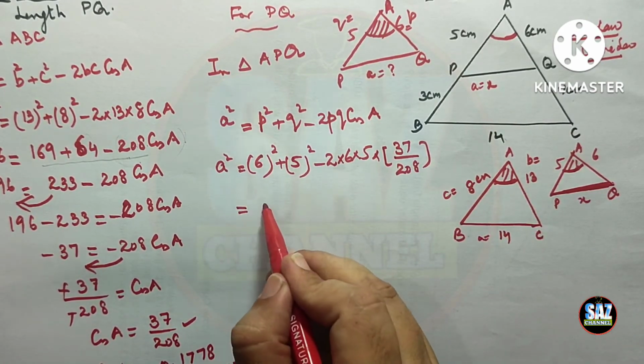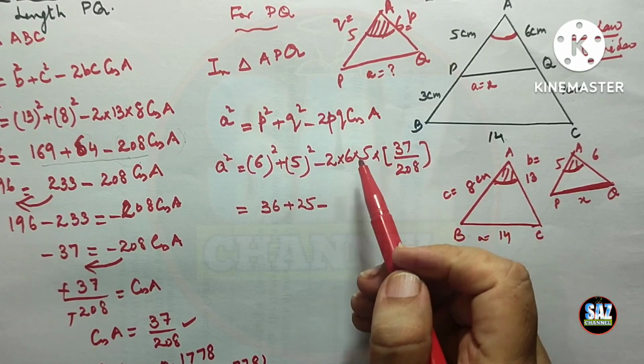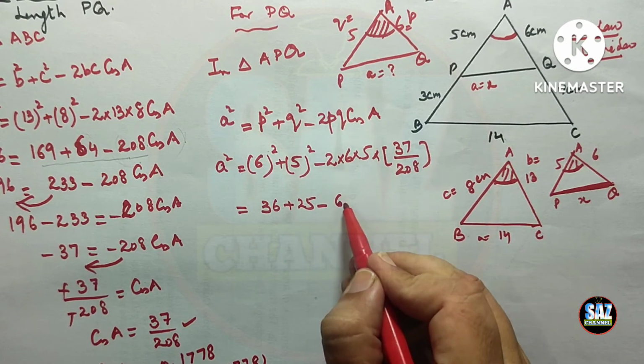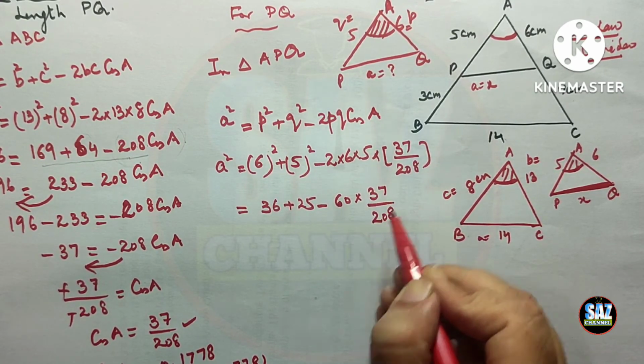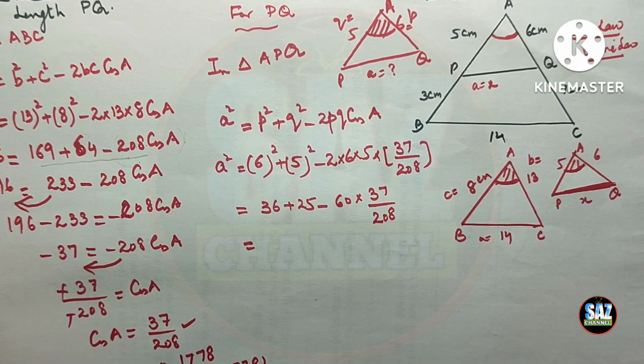So it will take the form 36 plus 25 minus, 5 sixes are 30, 2s are 60, minus 60 multiplied by 37 by 208. 60 multiplied by 37 is 2220, divided by 208.